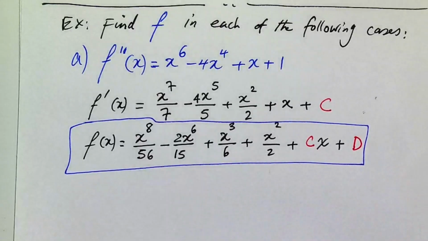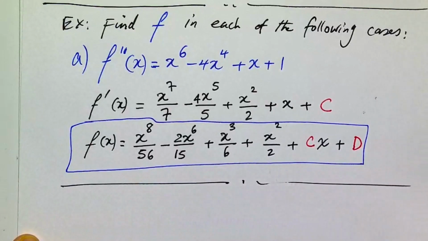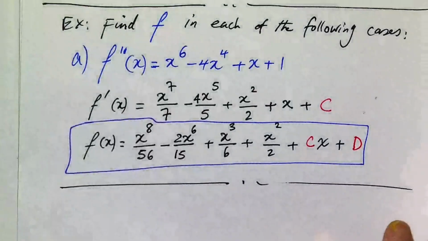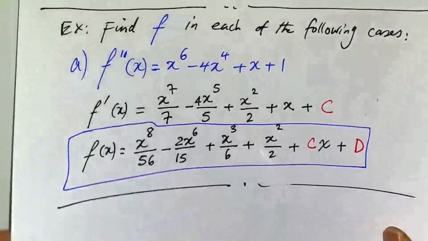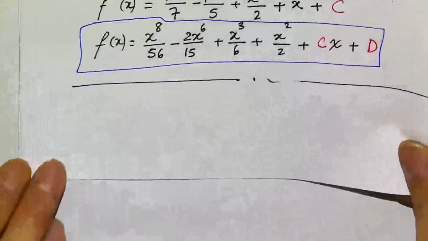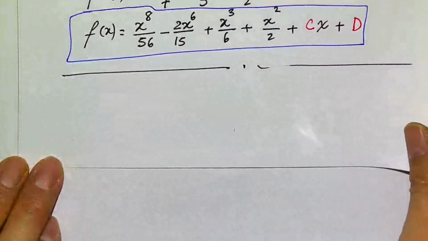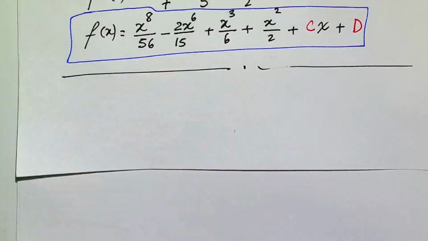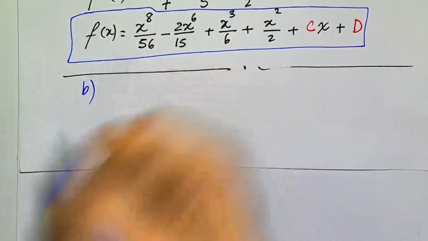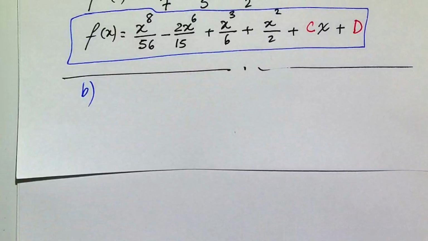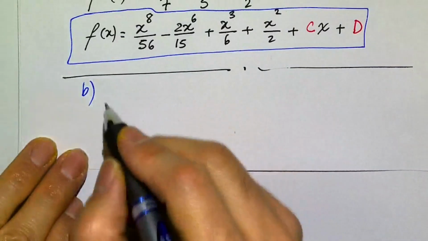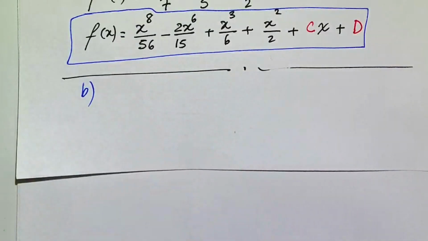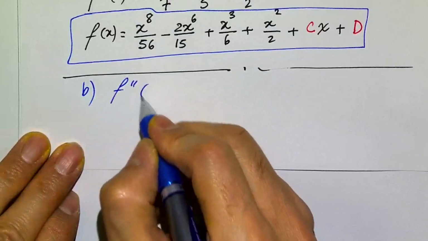Okay, let's do another example of this kind. This one is really simple, so I'm just going to write it right underneath this. So suppose we want to find the antiderivative of this function, which is f double prime.